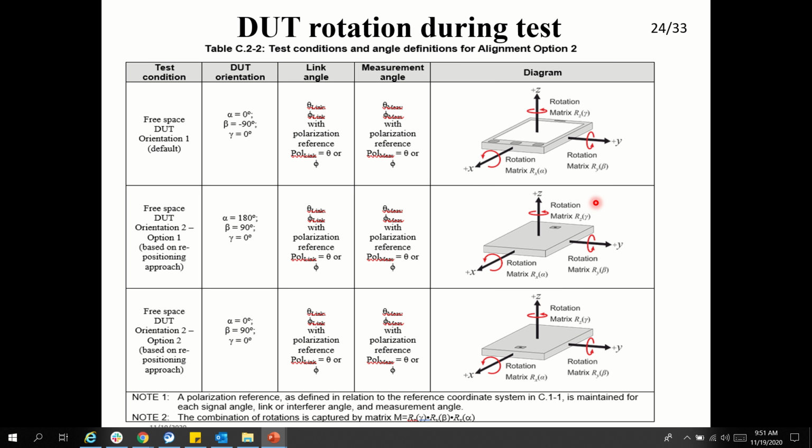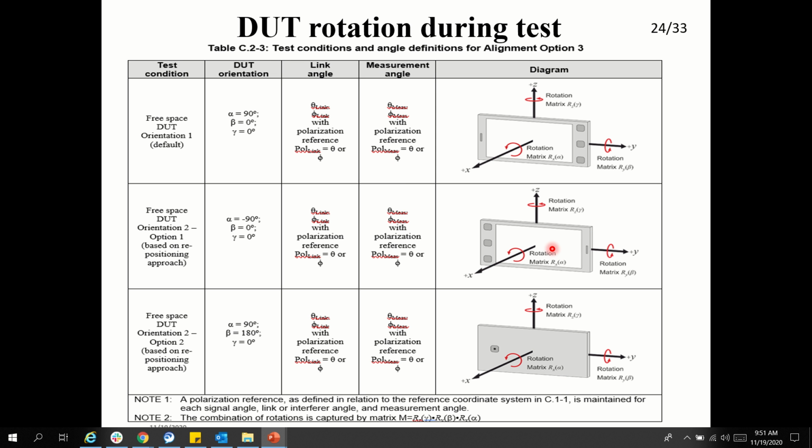Another type of rotation is to keep your device along the x-axis and do all those combinations. Similarly, you can keep the device along the y-axis and do all these rotations. This is how they rotate in order to achieve measurement over the entire sphere of points. Now we have to see what points we are going to measure, because you have a limited number of antennas and are not covering the entire sphere.